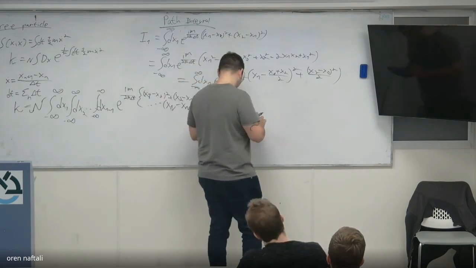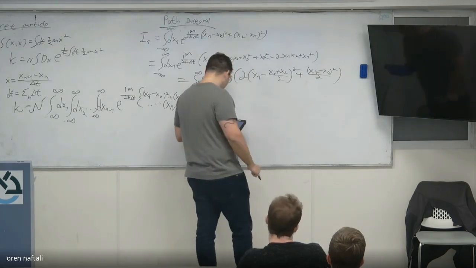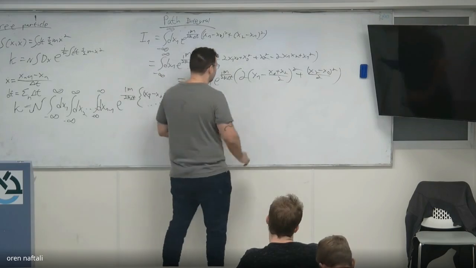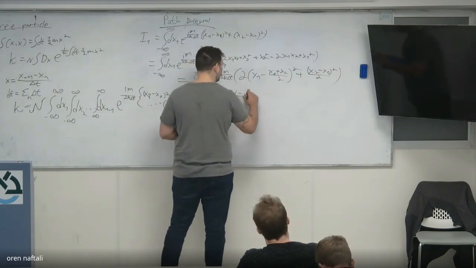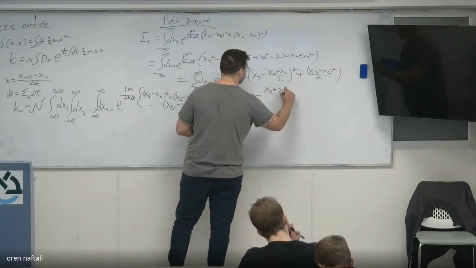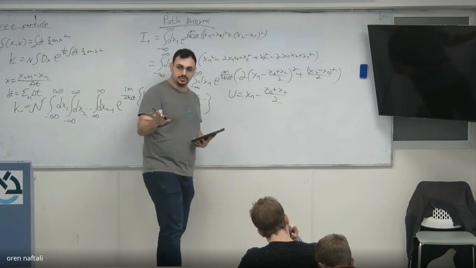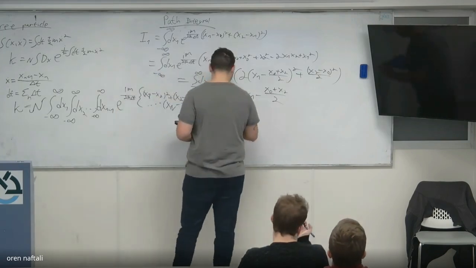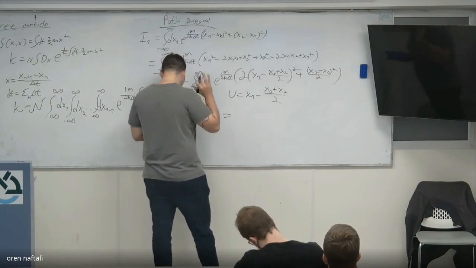Yeah, okay. So basically we just need to integrate over this term. To integrate over this term, I will just define u equal to x1 minus x0 plus x2 divided by 2. And I bet you don't need me to actually solve this integral. You all probably know or can work out how to solve a Gaussian integral.